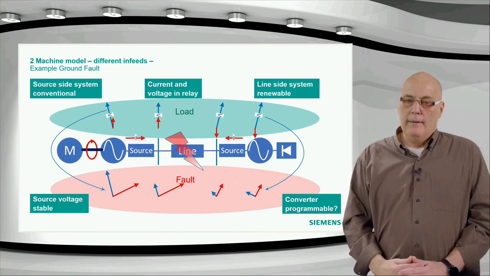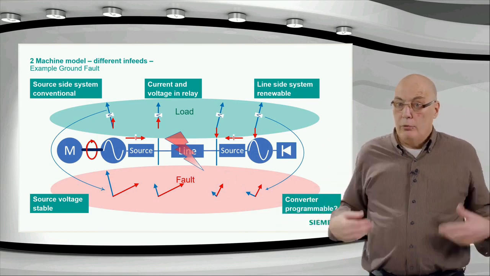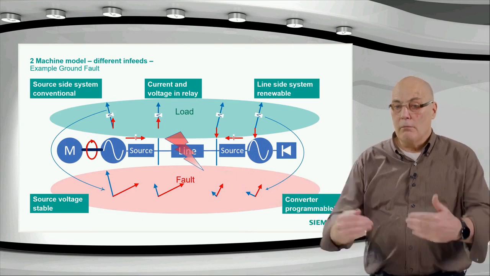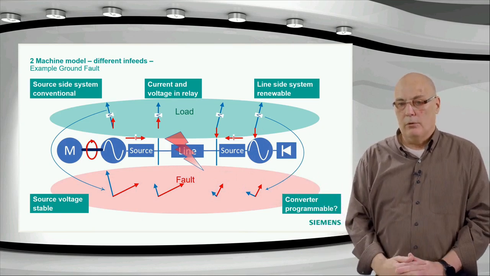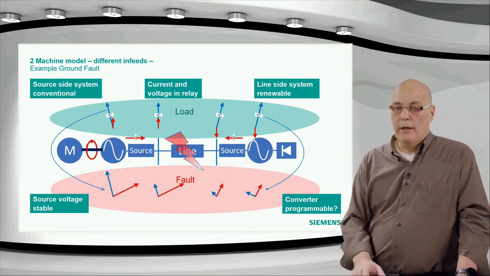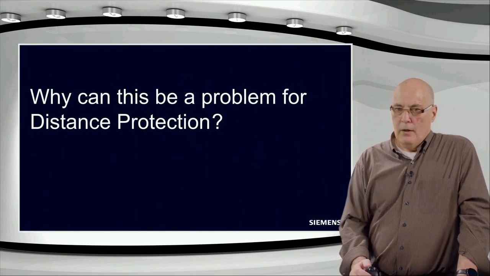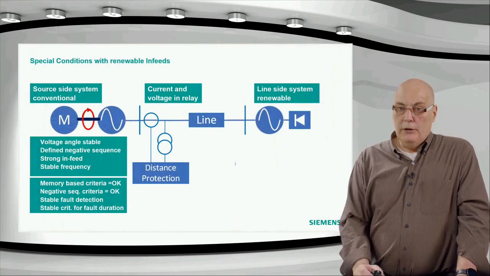Nowadays, you have fault ride-through algorithms which define how the inverter in-feed behaves during a fault condition. And there, one has to be careful what it's going to do. Why can it be a problem for the protection? We'll have a look at that over here.